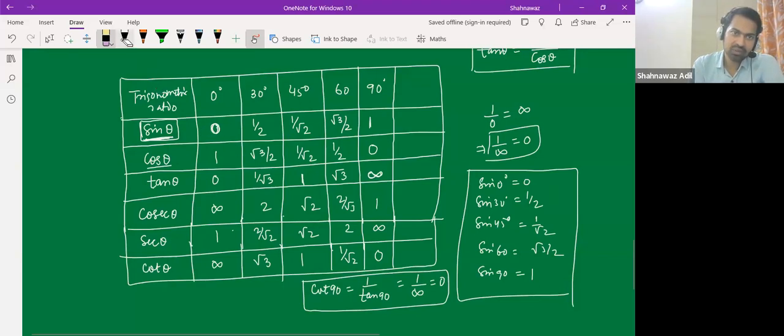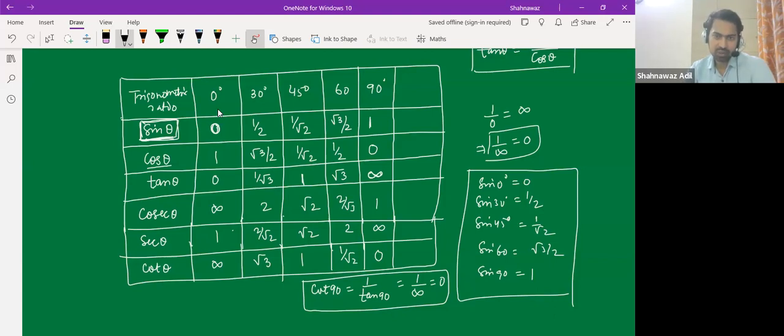And remember, we only need to remember this one. Then you know the trick to calculate the rest. Try to memorize this table.